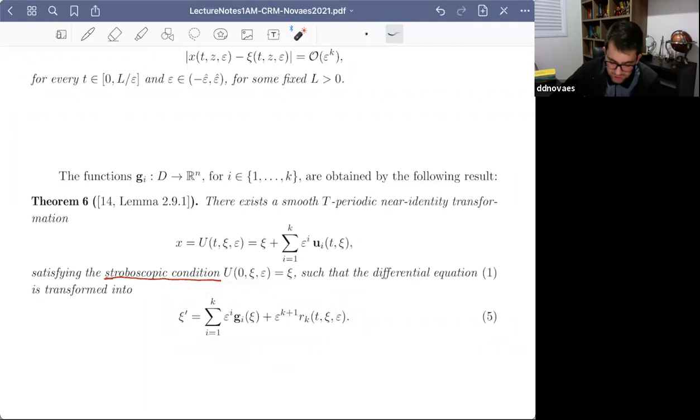This transformation removes the dependence on the variable t of the standard form from the order k approximation. So the dependence on t does not appear in the transformed system up to order k in ε, and the dependence on t appears now in the remainder, which is arbitrary.